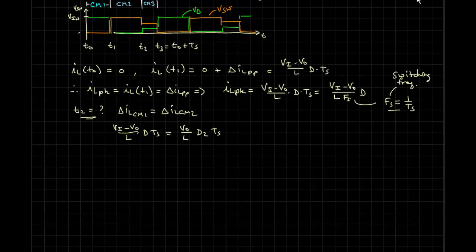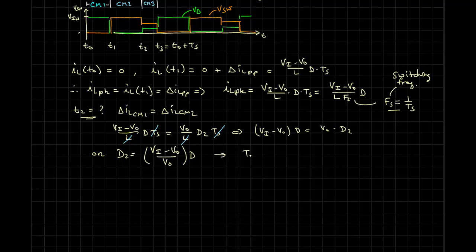The L's cross out. TS's cross out. And we are left with VI minus VO times D is equal to VO times D2, or D2 is equal to VI minus VO over VO times D. This leads to DT discharge, which is equal to T2 minus T1, is going to be equal to VI minus VO over VO times DTS.